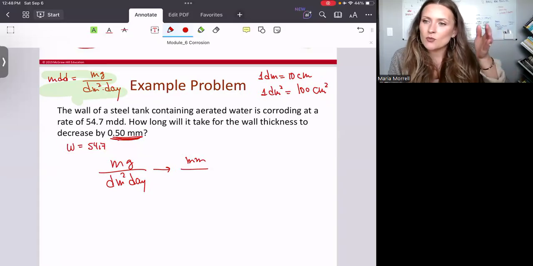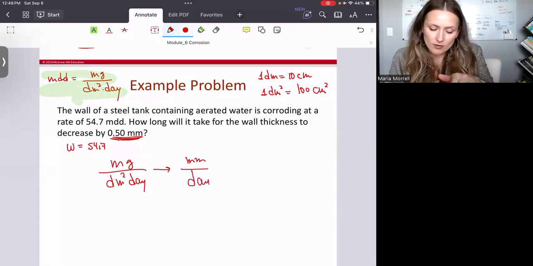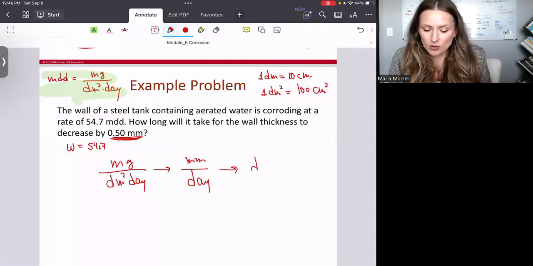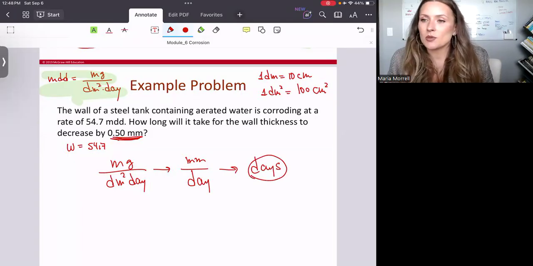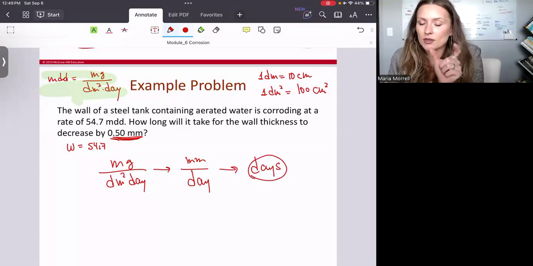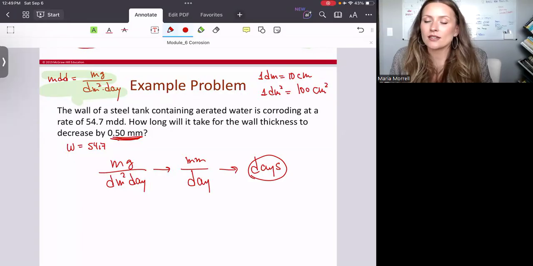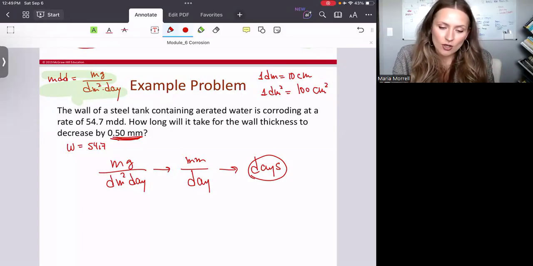I would like to jump to millimeters per day. And since I need to find days, that should be relatively easy, because I know the thickness, 0.5 millimeters. If I know the rate, which is in millimeters per day, I can easily estimate the number of days. But how do I make this first jump?